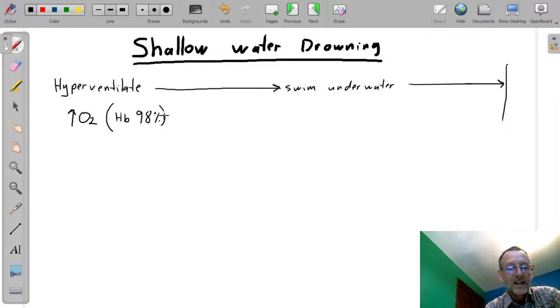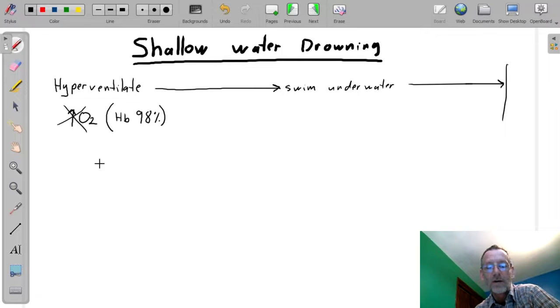So hyperventilating is not going to increase the amount of oxygen in the blood. The most we could get would be about another 2%. But that doesn't happen. You have to get the partial pressure up to about 600 millimeters of mercury before you hit 100% saturation.